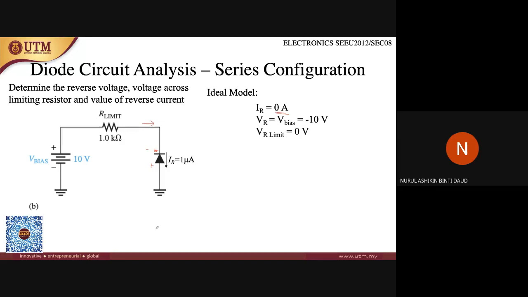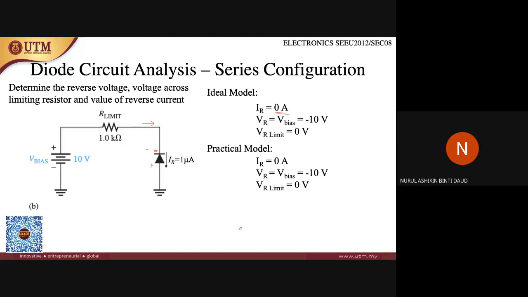V here is the same as V here, which is minus 10 volts because it is in a reverse condition. And V at the load resistor here is 0 volt because there is no current flow at all. So this is the ideal model. The ideal model is very easy. So let's look at the practical model.